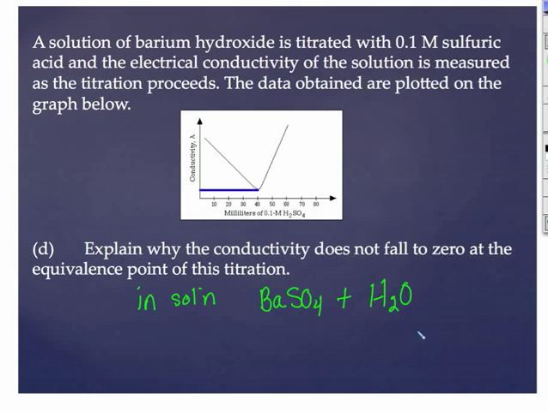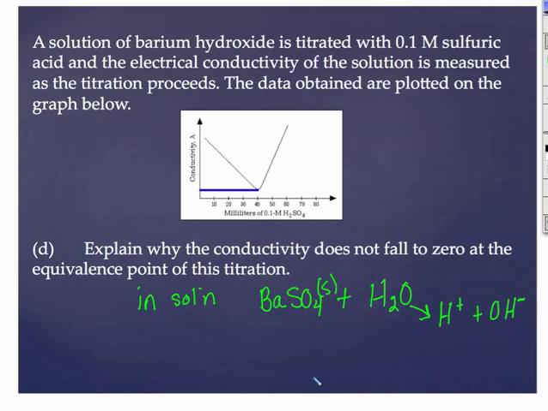Now your book would have dealt with this after this chapter, but we've already done this. Now we have two things that can possibly go on with these. For one, water always slightly ionizes to form H plus and OH minus. You're not going to get much though.